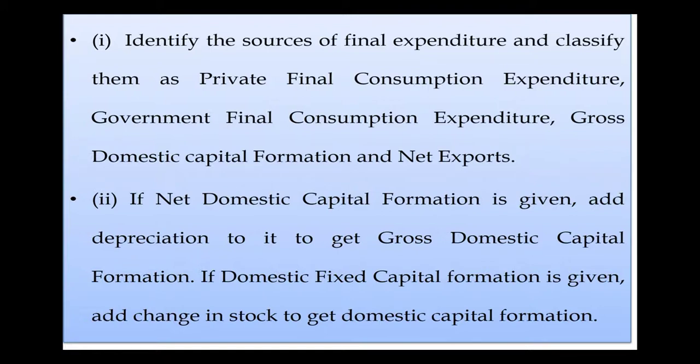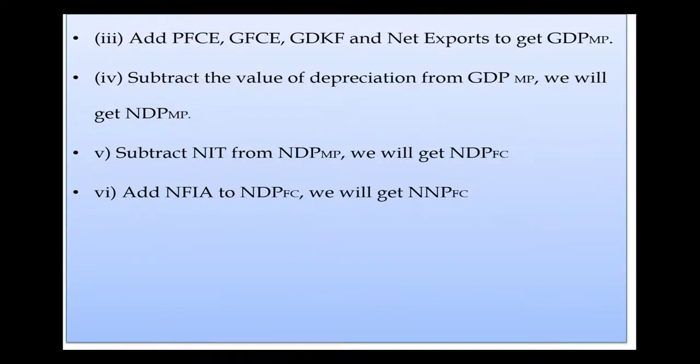If net domestic capital formation is given, add depreciation to it to get gross domestic capital formation. If domestic fixed capital formation is given, add change in stock to get domestic capital formation. The third step is to add all these four factors and get GDP at market price.